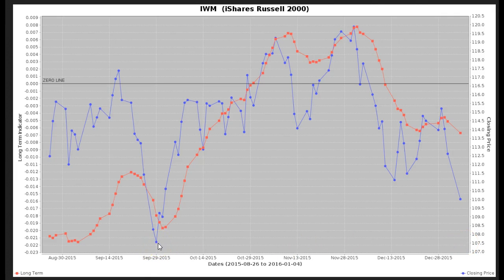which is where we turned last time. But the one thing you want to notice here is the oscillator was way oversold September 30th or right around there, with the price down there as well. But if you look at the oscillator right now, we are substantially higher than where the oscillator was previously, and yet the price is already approaching that level.